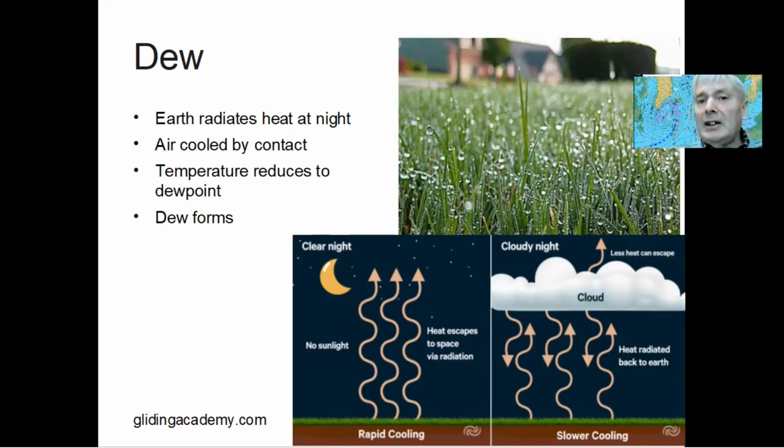Now, assuming it's a clear night, because clouds will tend to behave like a blanket, then this heat is radiated off into space, and the surface of the earth gets cooler. And because the surface of the earth is cooler, it cools the air immediately adjacent to it. And this air immediately adjacent to it, if it's cooled sufficiently, reaches its dew point. And that's how you get dew.